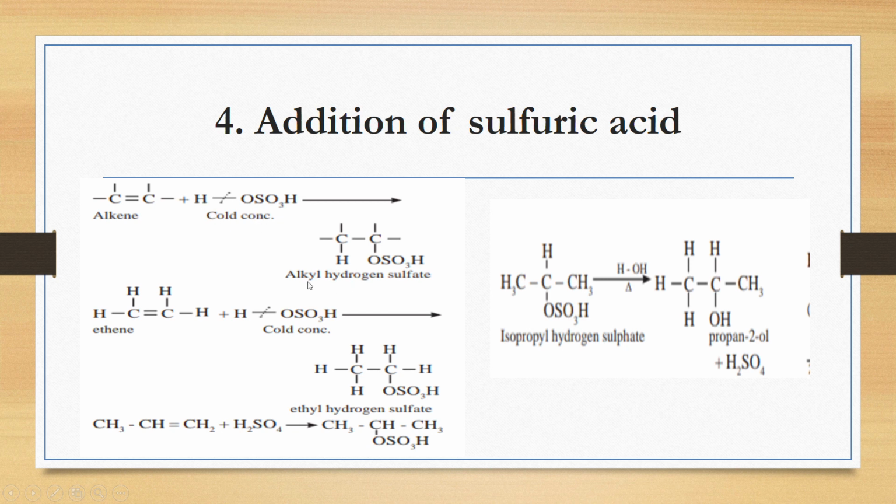Thus alkyl hydrogen sulfate will get formed as the product, and further we react this with water to form corresponding alcohol. So here is the example of action of cold and concentrated sulfuric acid on ethene. At the first step, we'll get ethyl hydrogen sulfate. Hydrogen will go to this carbon, OSO3H group to the another carbon, double bond is converted into single bond.